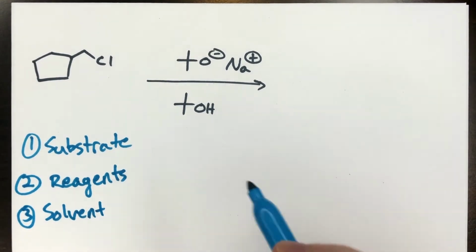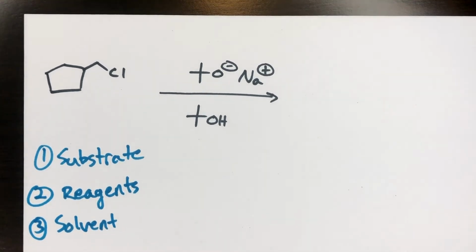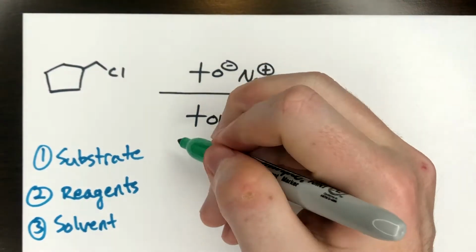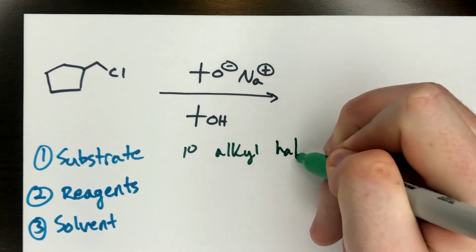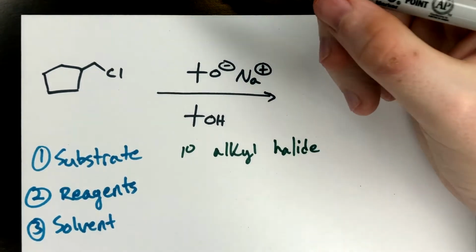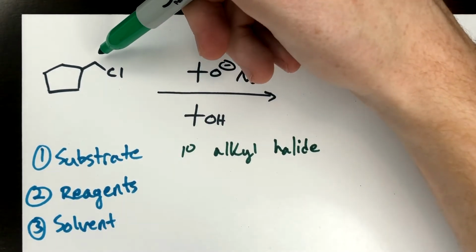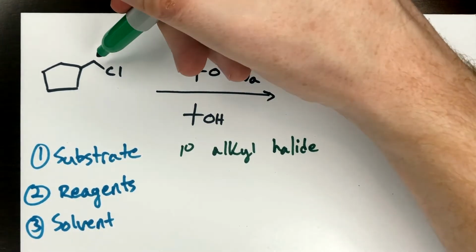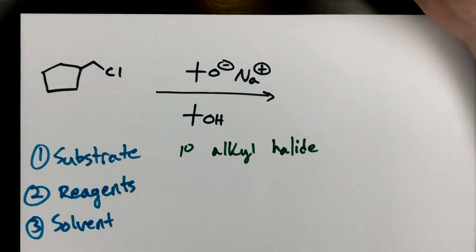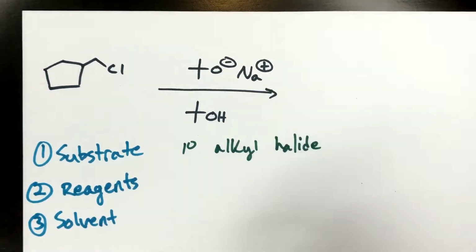Okay, so in this case, our substrate is primary. So we have a primary alkyl halide. Again, we're looking at this reactive center, the center that is bound to the halide, the leaving group. It is only substituted by one carbon, so this is a primary alkyl halide.